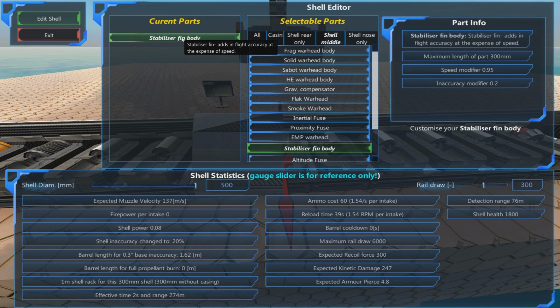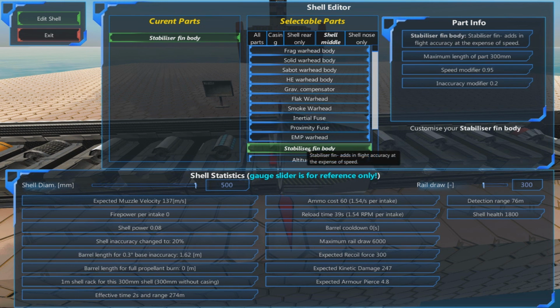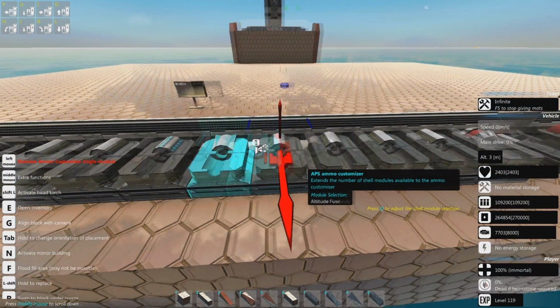But if you are having problems with a very inaccurate shell, and you don't want to add extra barrels or anything like that, this could work pretty well. But I don't see much use for this as of right now, because APS is very, very accurate at the moment. So enough about that.